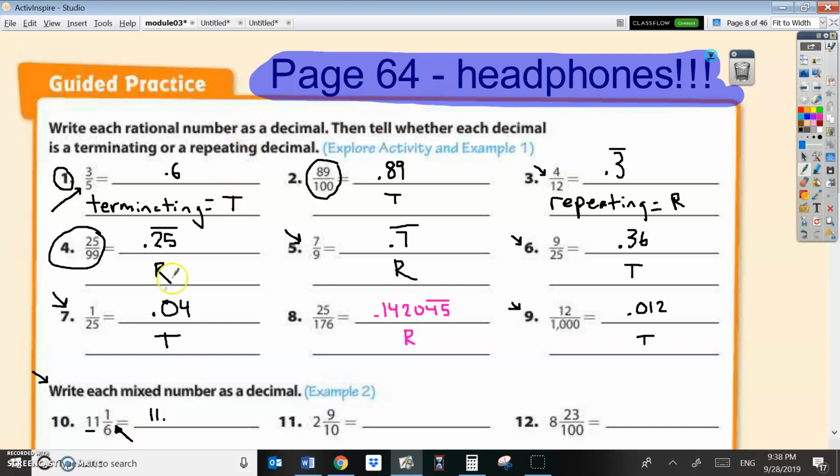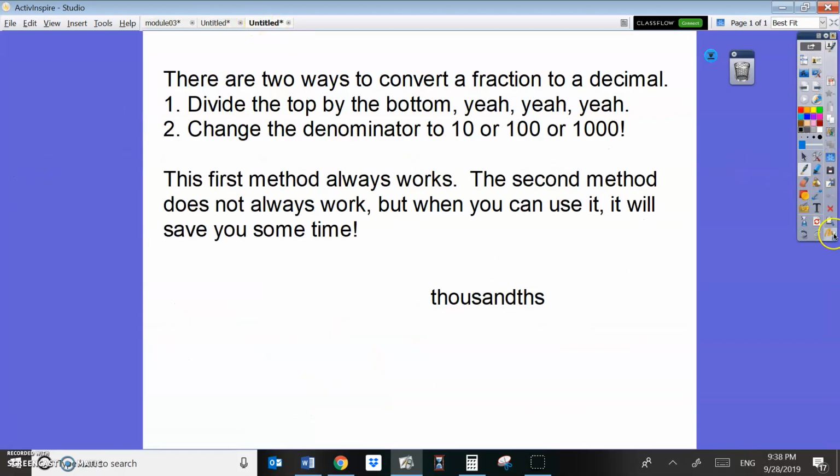Okay. So 1/6 is what we're working on. Can we do that? Yes, dividing it. Can we change 6 to 10, 100, or 1,000 by multiplying? Nope. So this one we just have to divide.